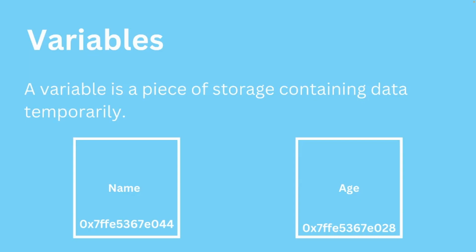That's how Golang knows, okay, this is where name is being stored. I see that it's a name because that's what we defined the name to be, and I see this is going to be age because that's what we defined for age. It's just going to be a box of age, and this is where the location is, or this is where I have to check. So that's what a variable is. It's just a box that stores temporary data.